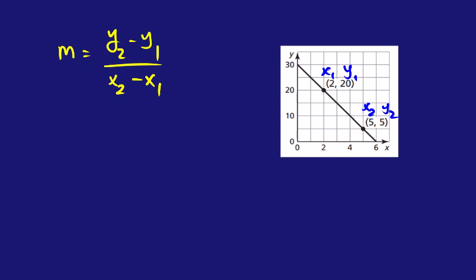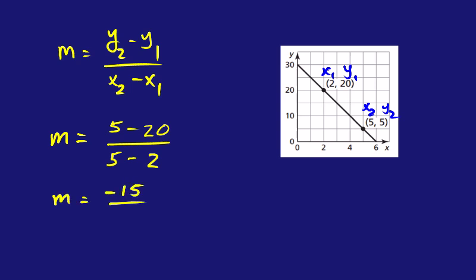And so we would have m equals 5 minus 20 divided by 5 minus 2. And so we're going to do 5 minus 20, which is negative 15, and 5 minus 2, which is 3. And so what's negative 15 divided by 3? Hopefully you came away with negative 5.